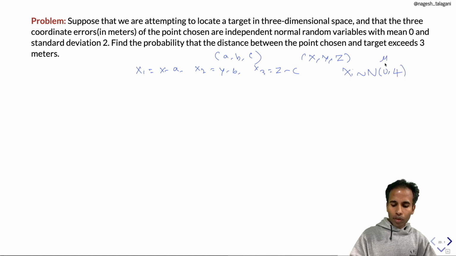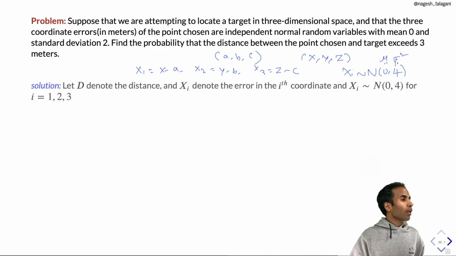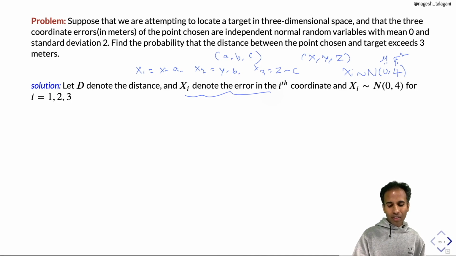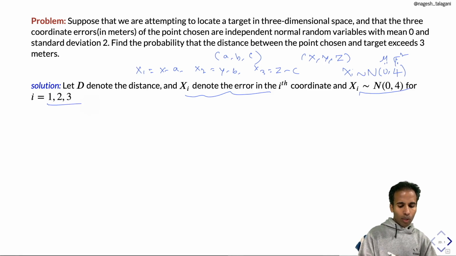So here mu is 0 and sigma is 2, so sigma square is 4. Let D denote the distance between the point we have chosen and the target, and xi denote the error in the ith coordinate, which follows a normal distribution with mean 0 and variance 4 for i equal to 1, 2, 3.